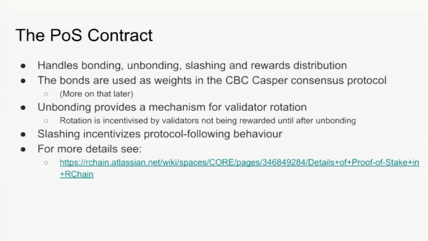All right, so the proof of stake contract, it's another blessed contract. It handles bonding, unbonding, slashing, and rewards. One of the important things to note is that there is necessarily a delay between unbonding, or when you stop being a validator, and when you get your money back. The reason is that the amount of that time is the amount of synchrony needed for the network.